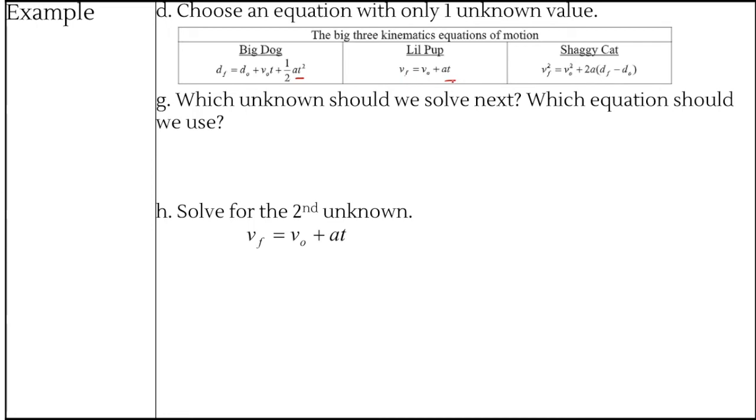There's only 4 variables and there's only a little bit of multiplication, where the other equation we have 1/2, we have t squared, and it's just a little bit more complicated if we were to use big dog to solve for time. And also, big dog has 2 times in it, so we're going to have to do some manipulation to just solve for one of those times.